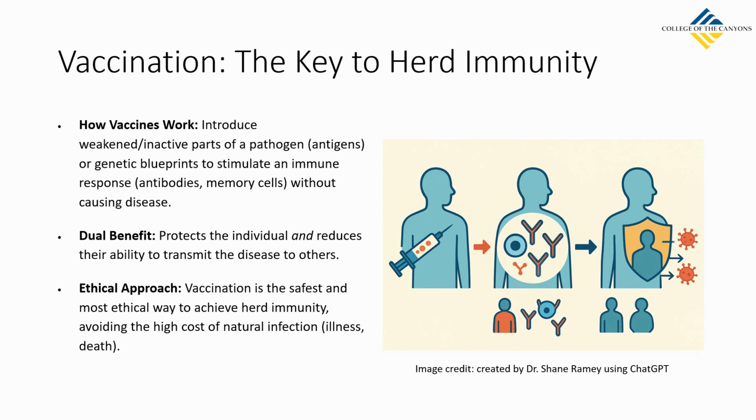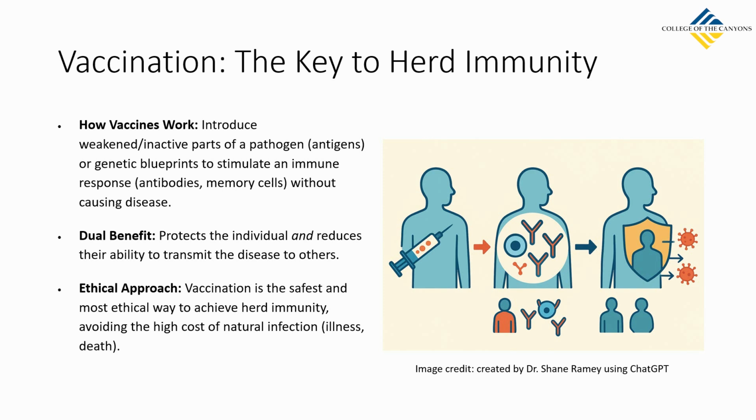Vaccines, in general, work by introducing a weakened or inactive part of a pathogen. And this triggers an immune system response and results in long-lived immunity for that particular pathogen. And this does so without causing someone who receives a vaccine to get sick.